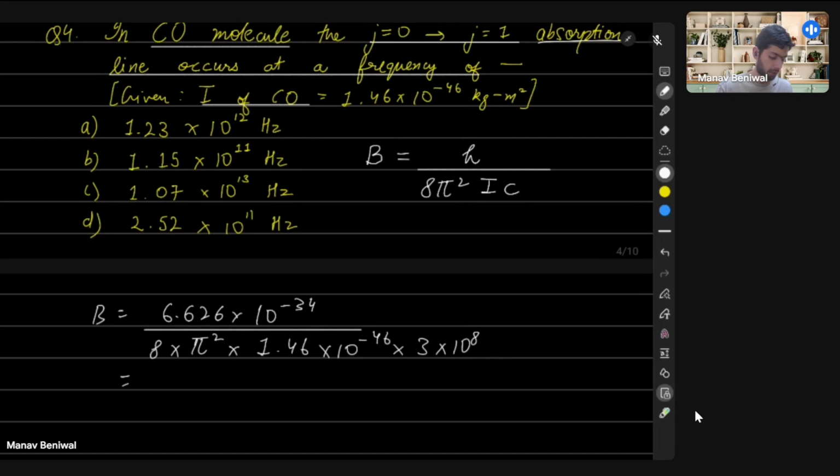So minus 46 plus 8 is minus 38. So this then becomes 6.626 into 10 to the 4 divided by 8 pi squared into 1.46 into 3. Let me calculate.